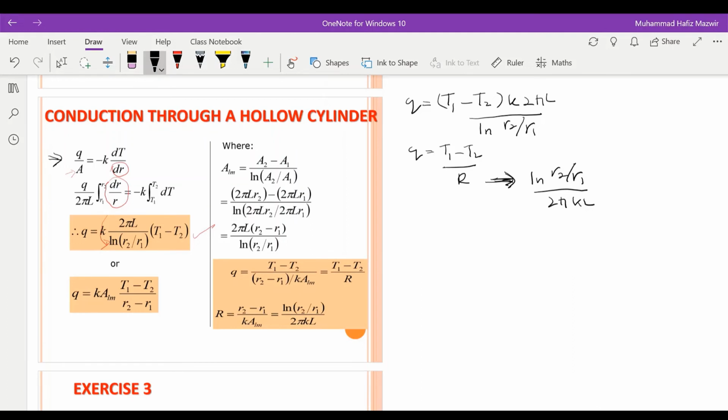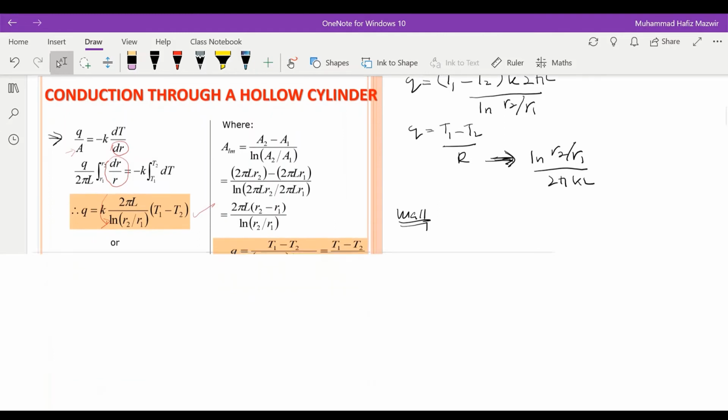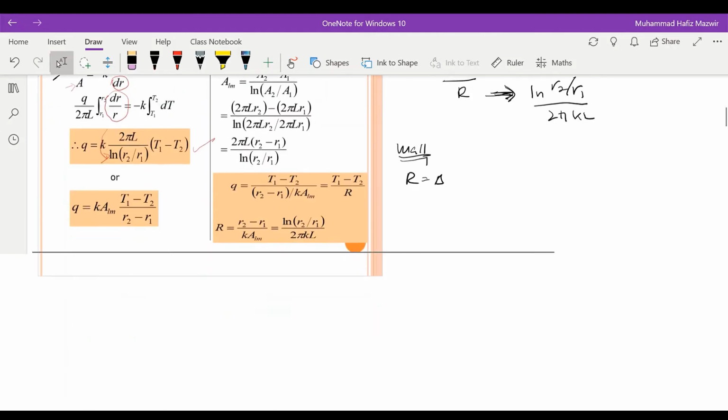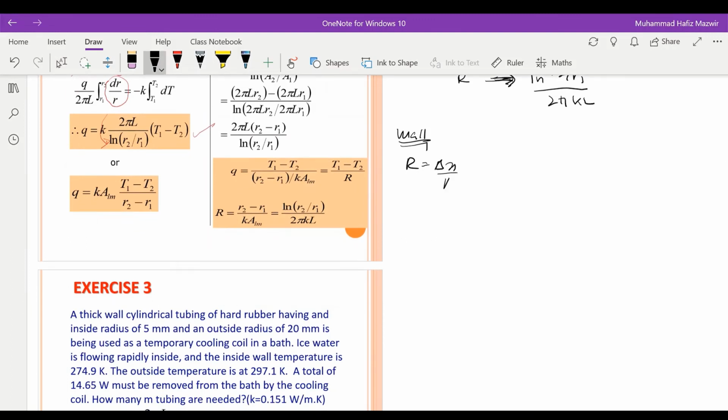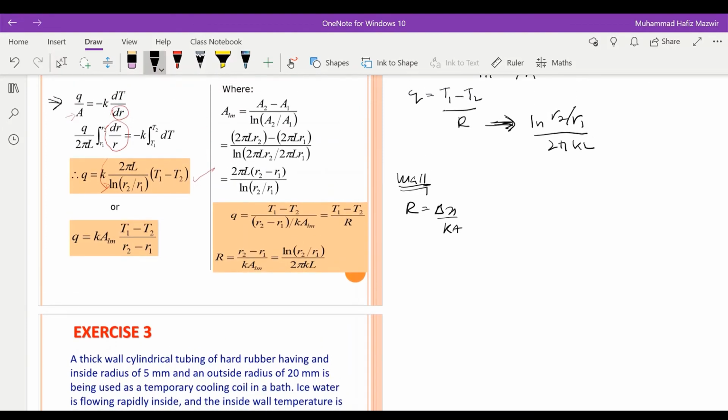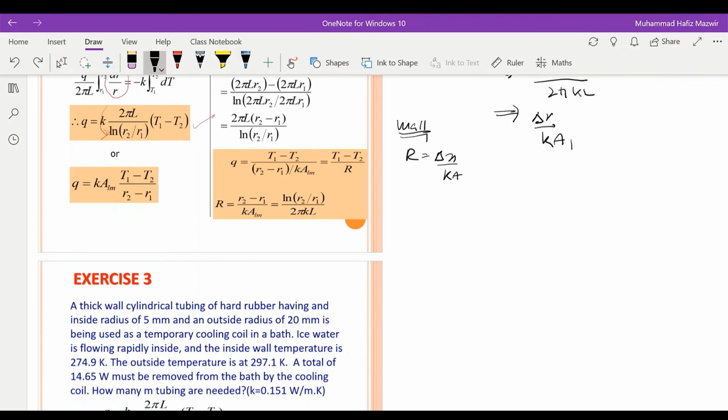If you recall in wall, the R for wall is delta X over KA. If you want to have a similar form, for a hollow cylinder, you also can use delta R over KA. However, A log mean. What is A log mean?